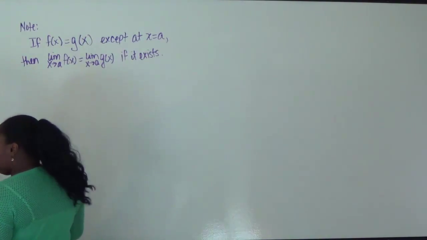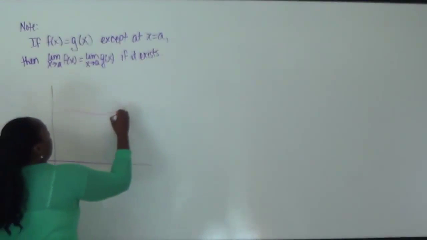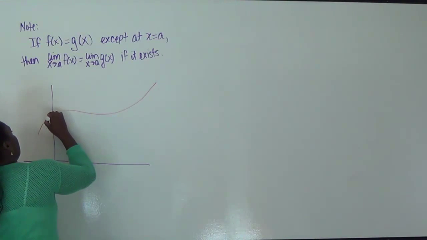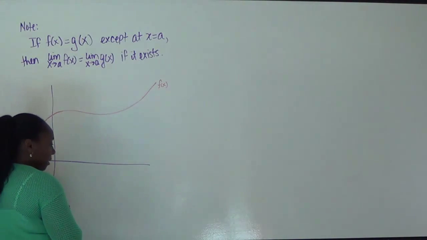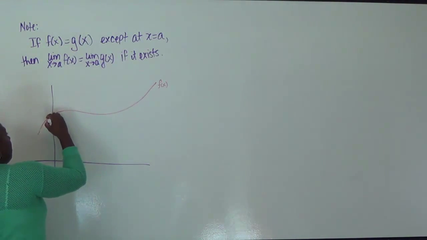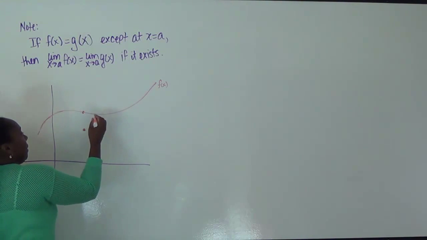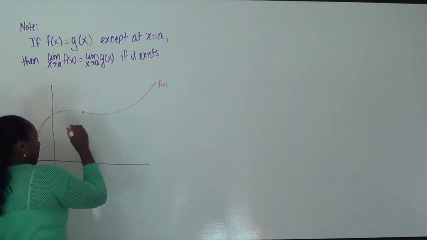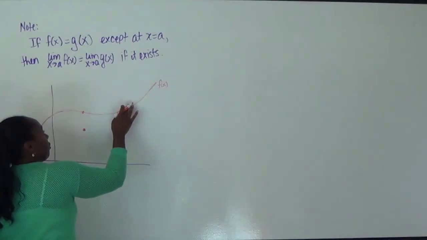So basically, if I have two functions, I'm going to call this one f of x, and g of x, I'm going to call the orange function. It's exactly the same as f, except we have one point where maybe the value is something different. And everywhere else, it's the same function.